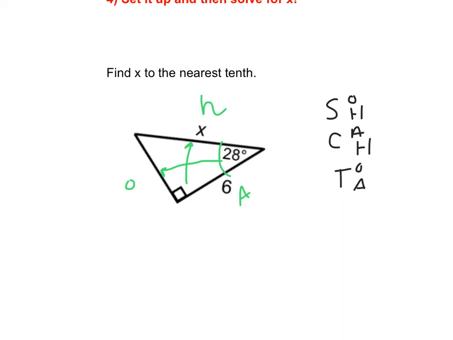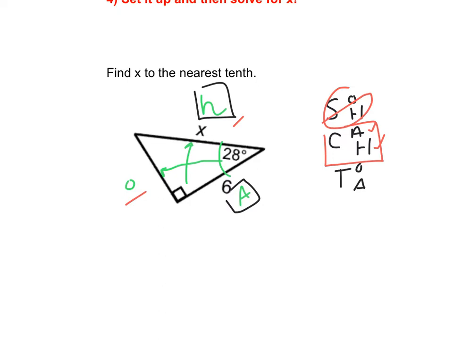And then this will help me figure out which one I need to use. So I have information about my adjacent and my hypotenuse. So I can't use sine because that gives me information about my opposite and my hypotenuse. But I can use cosine because I have information about my adjacent and my hypotenuse.